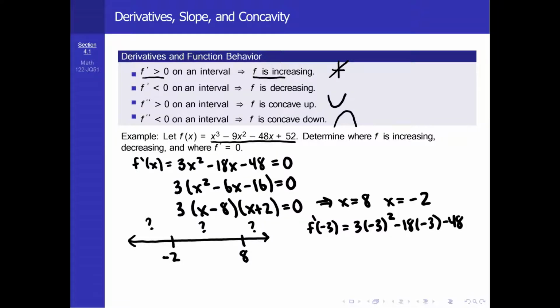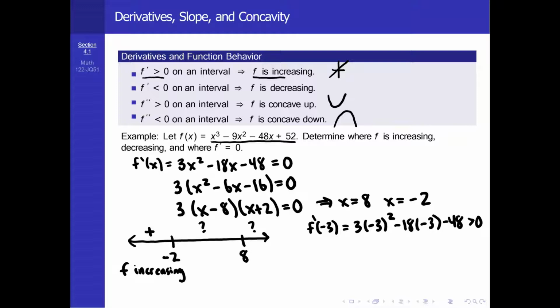And if you calculate this out, you find out that this is bigger than 0. So over with this left question mark, we're going to replace that with a positive. So to the left of negative 2, the derivative is going to be positive, which means that our function is increasing to the left of negative 2.